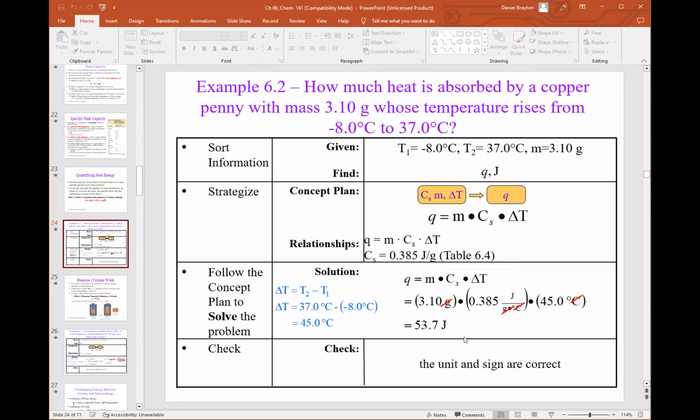Okay. Mass is still grams, right? Yeah. So the units for this one here on the screen are always going to be this way: Q is in joules, m is in grams, and then the specific heat, joules per gram, is that a C? Yeah. When you see the specific heat, it basically tells you the equation, right? You need to multiply the specific heat by some change in temperature that cancels the degrees, by some mass number that cancels the grams, and then you get joules out as the answer.